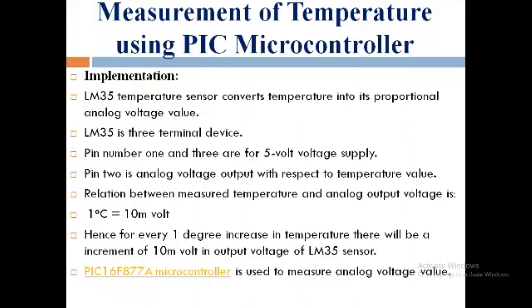In implementation, we use the LM35 temperature sensor for measuring the temperature by using the PIC microcontroller programming. The LM35 temperature sensor converts temperature into its proportional analog voltage value. Then LM35 is a 3-terminal device.